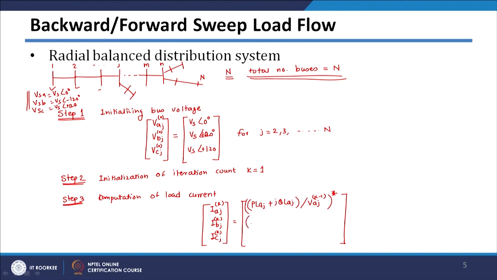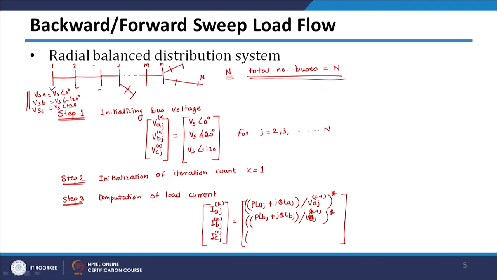Similarly, the load current of B phase will be equal to P L B j, the real part of the load of B phase, plus j Q L B j divided by the voltage V B j at the k minus 1th iteration, and you have to get the complex conjugate of it.